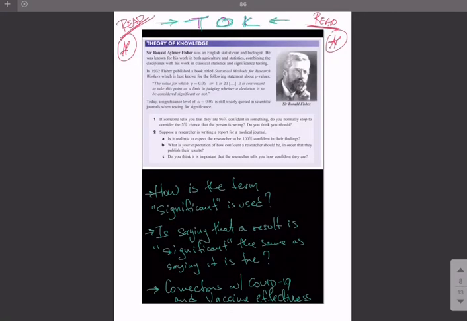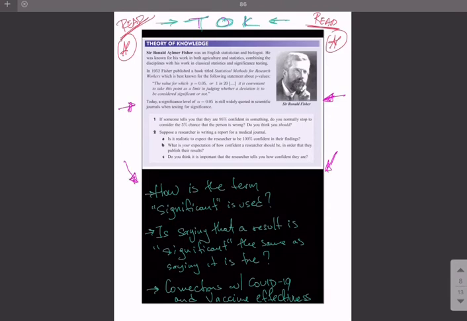The next part is a TOK situation, so I really want you to go into the book, and definitely read this part. This is very important. I'm just going to read to you a couple of important TOK questions. How is the term significant used? What is significant? Is saying that the result is significant the same as saying it is true?